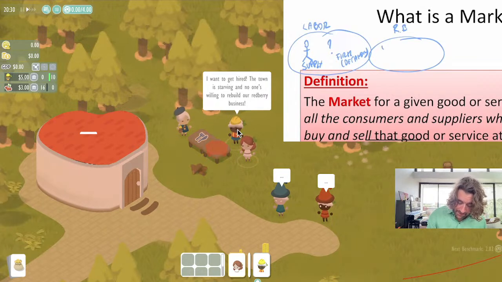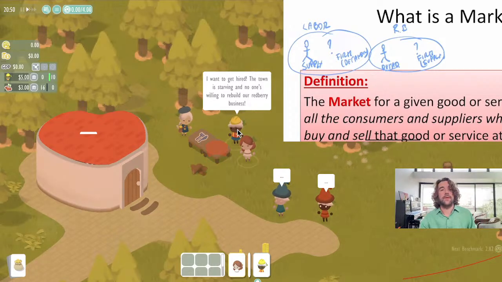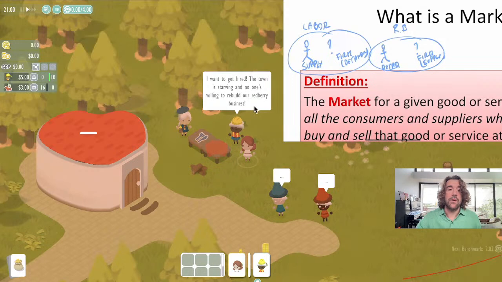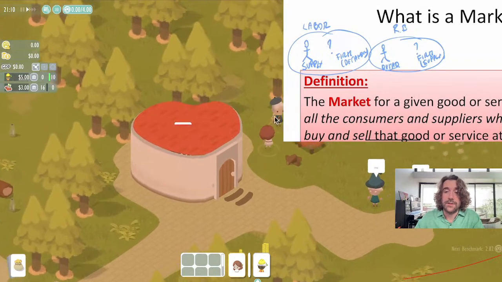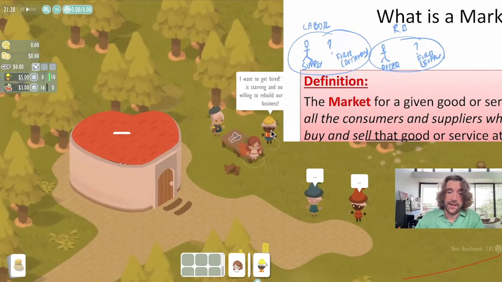In terms of red berries, we have our worker demanding red berries, but no firm supplying. This is also a first look at the circular model of the economy, because you have households, which are represented in this game literally as a house. So this house belongs to these two characters, the consumer and the worker.